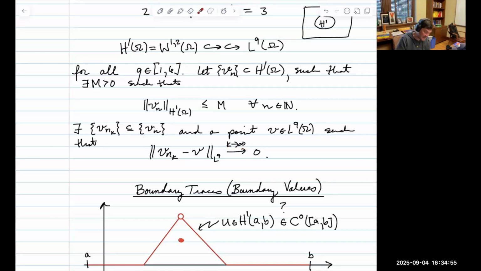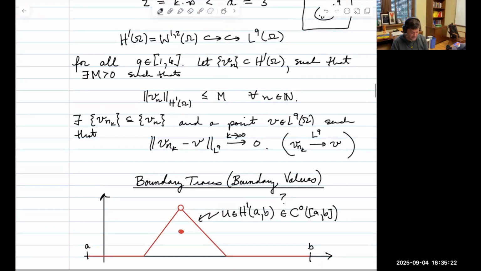That's exactly the same as saying that V_{n_k} converges to V. Sometimes I'll write it like this, with LQ above the arrow, which means that the convergence is in that norm. So that's another way of writing exactly that fact. That's the extra little bit.